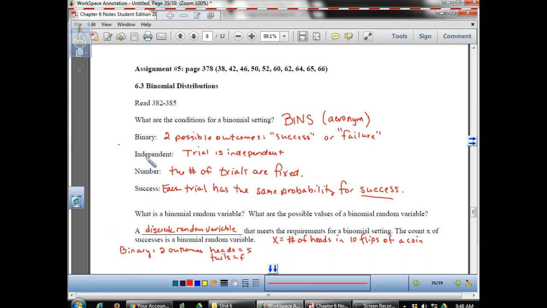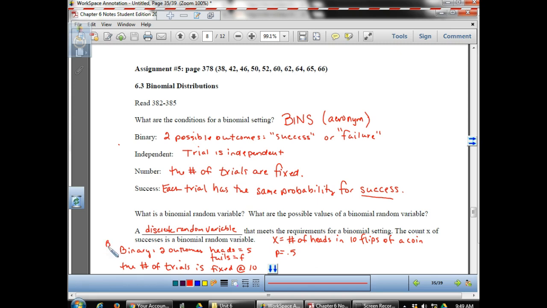We know that independence exists here because the flipping of one coin has nothing to do with the outcome of the flipping of the next coin. The number of trials is fixed at 10. And finally, the probability of success is going to be 0.5. So P will be 0.5 for every single trial.